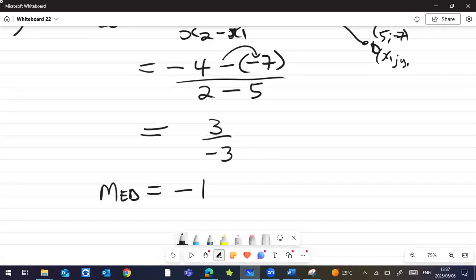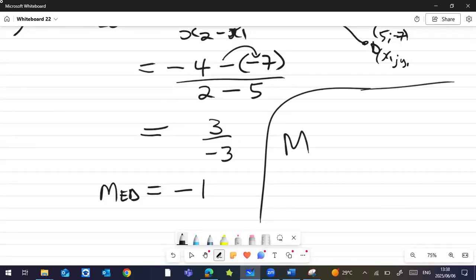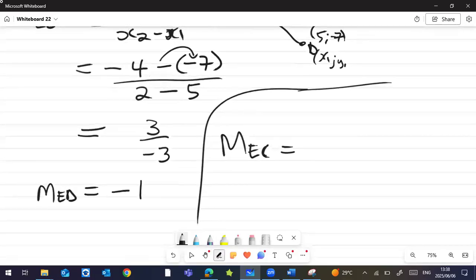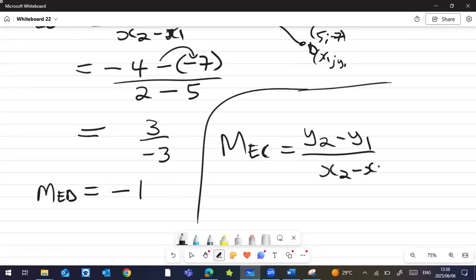Let us now look at gradient EC. The gradient of line EC, using again the gradient formula, gradient equals y2 minus y1 over x2 minus x1.